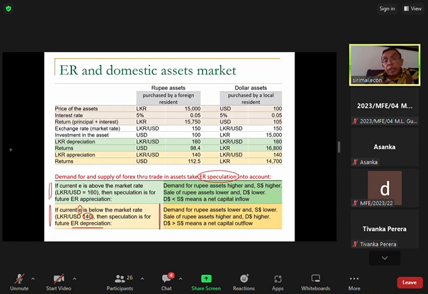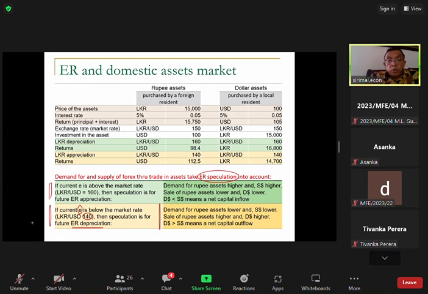Demand for rupee assets will be lower. Therefore, dollar supply would be lower. At the same time, those who are holding Sri Lankan bonds, rupee bonds, want to sell them immediately because the currency is going to depreciate in the future if they hold on to them. So demand for dollars would be higher.